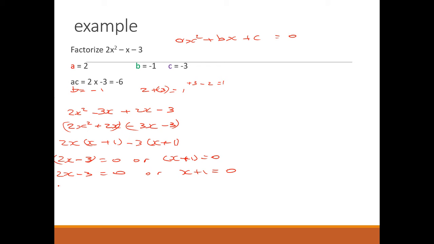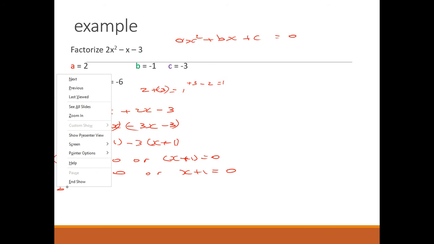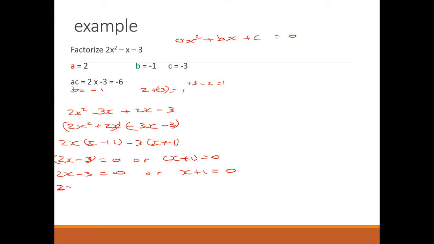So in solving, we say 2x, we're going to add 3 to both sides. We'll have it equal to a positive 3.